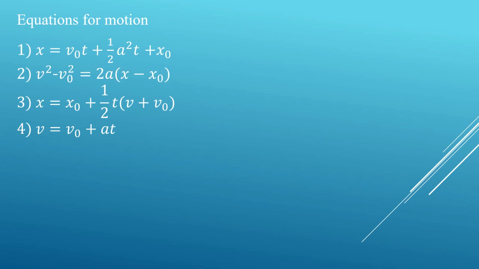So equation 1 would be the best thing to choose. Sometimes you have a time independent problem, like you're not looking for time, and also your problem didn't give you the value for time. So equation 2 would be the best choice because you have the velocity, initial velocity, acceleration, and displacement.